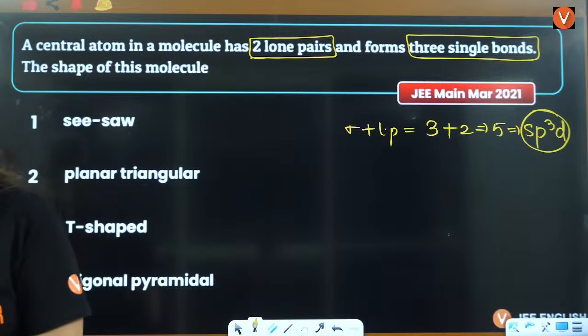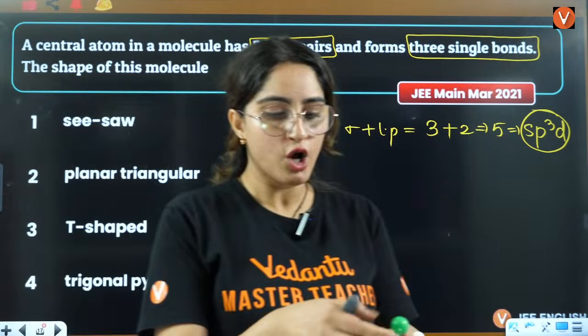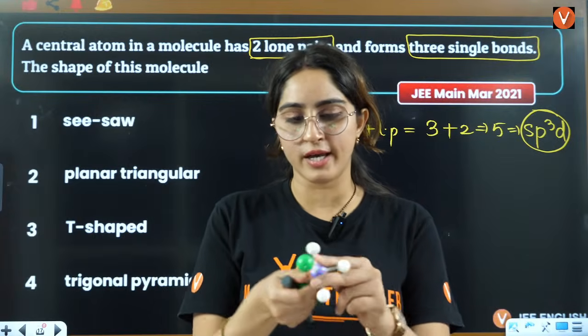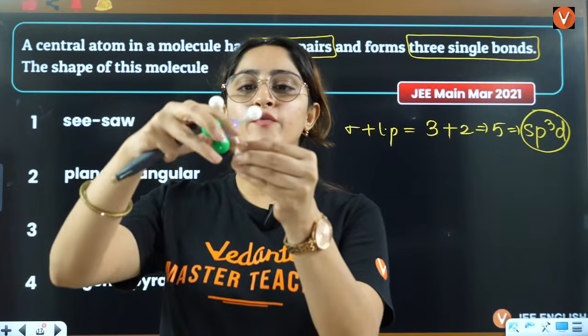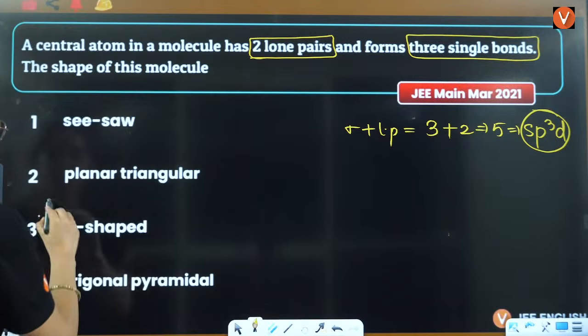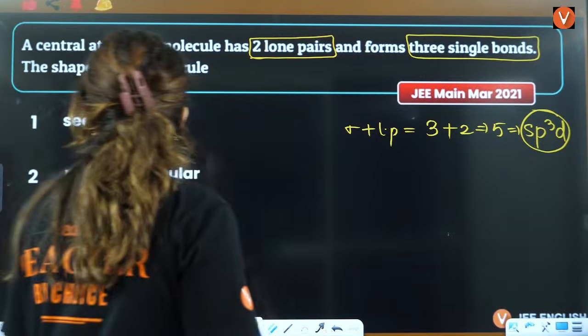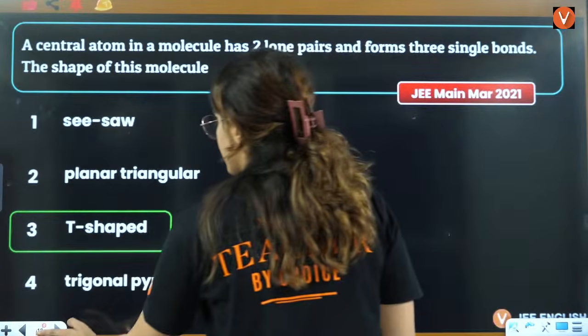In trigonal bipyramidal, whenever you have two lone pairs, they always go over here, like this. It will have a T shape if you ignore the lone pairs. So the answer will be T shape, that is C is the correct answer. Very good, that is your JEE 2021 question.